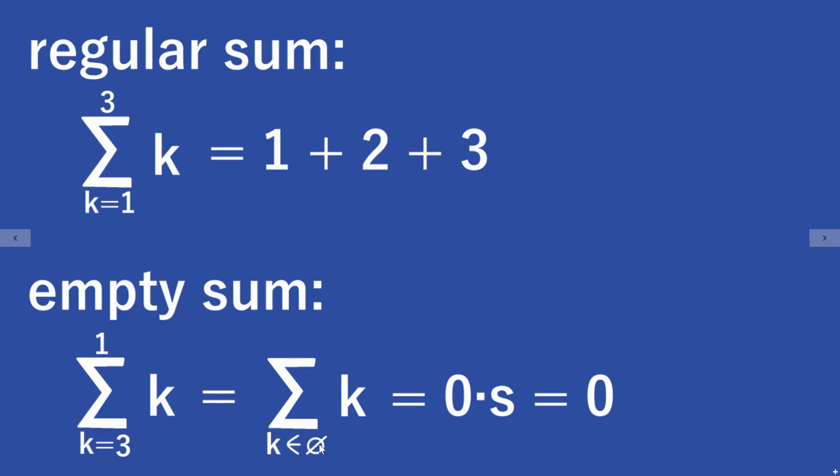But what does this mean for the sum? Because the empty set contains no elements at all, we are not able to sum up anything at all. When not summing up anything, we result in 0. So an empty sum results to 0 because we are not summing up anything at all.